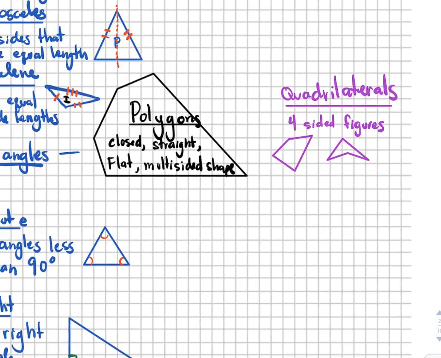Quadrilaterals can be broken down into many different types, but we're going to start off with a trapezoid. I'm going to put my trapezoid over here. Try to use as much space as possible. Trapezoid. My trapezoids are going to have one pair of parallel lines.